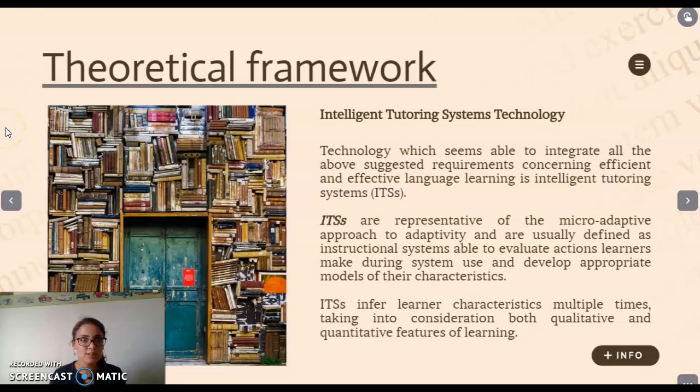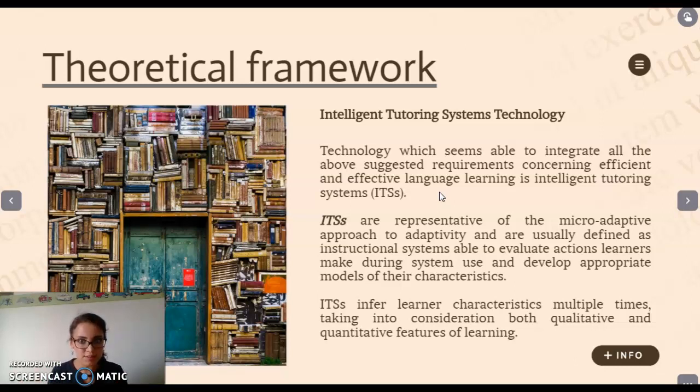And the theoretical framework: there is intelligent tutoring systems technology. We have to speak about this technology, which seems able to integrate all the above suggested requirements concerning efficient and effective language learning: intelligent tutoring systems.